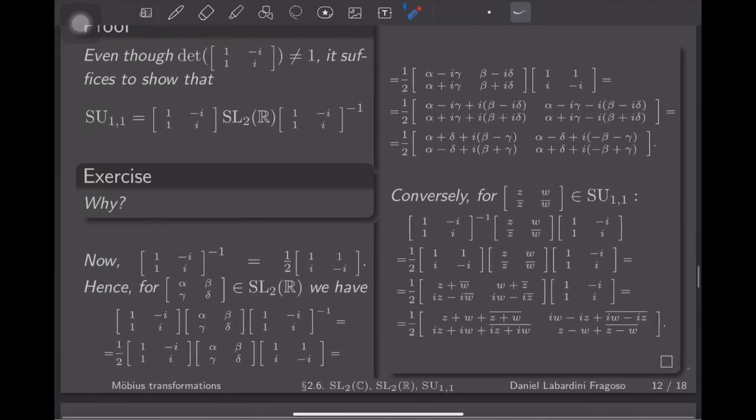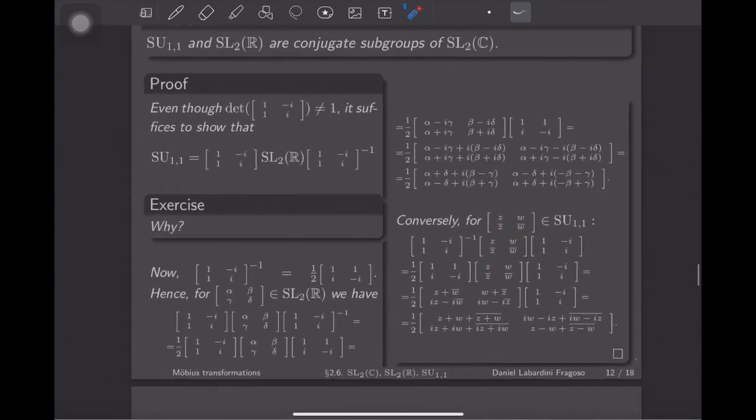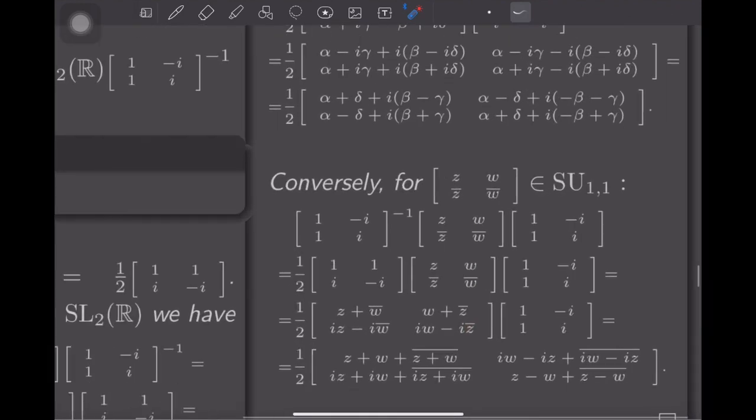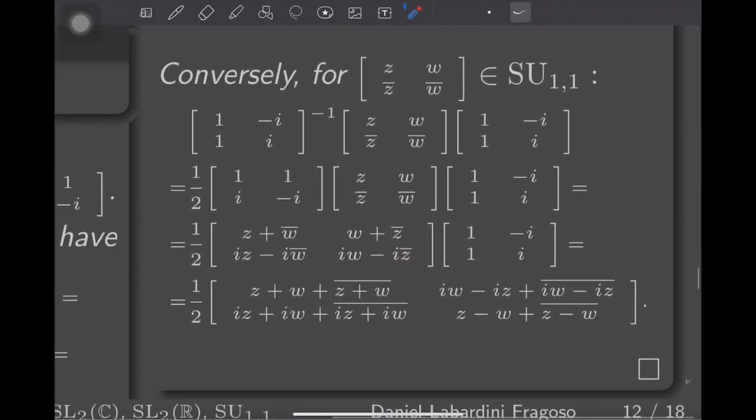And conversely, right? I take something in SU11 already described nicely, right? And I already know it has determinant 1, and then I conjugate, but of course with the inverse, right? Now the inverse appears on the left, of course, and this one on the right. But otherwise, it's just matrix multiplications, and then what I obtain here is, you see, this plus its conjugate, a real number.